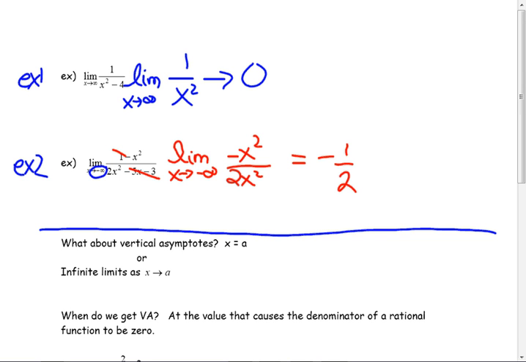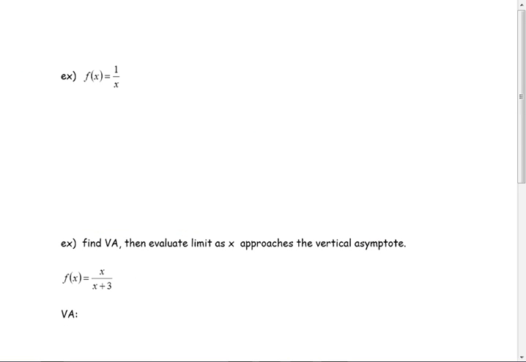Okay, now on the worksheet, I'm going to add a page here. We're doing that later. So on the worksheet, 10 and 11 are the same. So let's make number 11 have x go to negative infinity, not positive. That's the blue one. That's the homework.